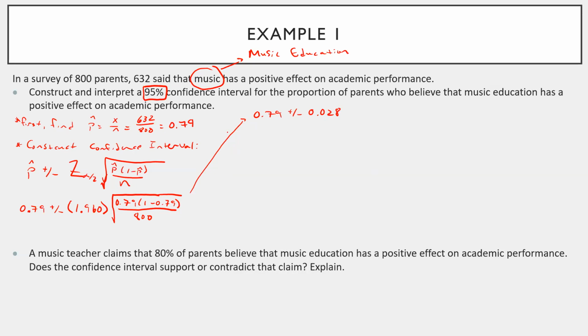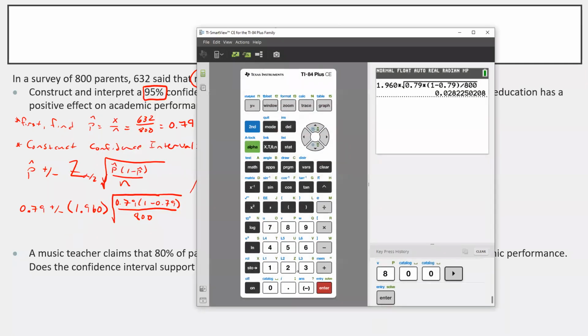All right. That means my lower bound is 0.79 minus 0.028. You get 0.762.